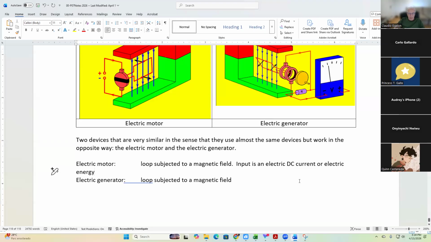The input here is mechanical motion. Uniform rotational motion. Constant. Input is rotational mechanical motion with a constant angular velocity.